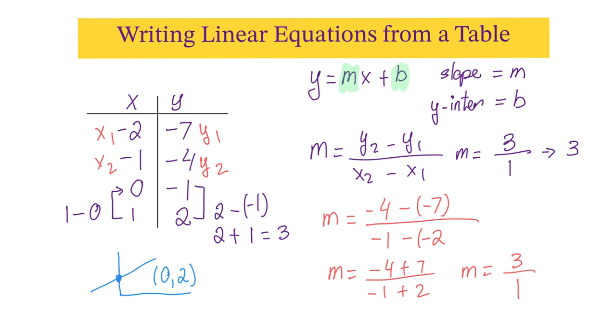So we're looking for a point in this table where x is 0, and that will be our y-intercept. Let's look at it in here, and you can clearly see that right over here, that is our y-intercept. That would be the point where the line crosses the y-axis.